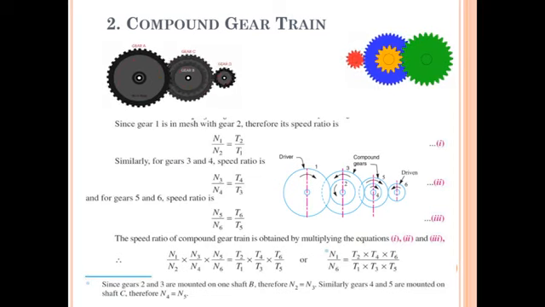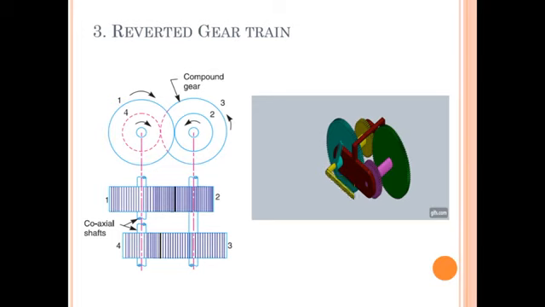That means simply, a speed reduction in excess of 7:1 can be done by this compound gear train, whereas a velocity ratio of less than 7 can be done by a simple gear train. Same application for simple and compound gear train, but a velocity ratio of more than 7 you can achieve by a compound gear train. The third type of gear train we'll see is the reverted gear train.